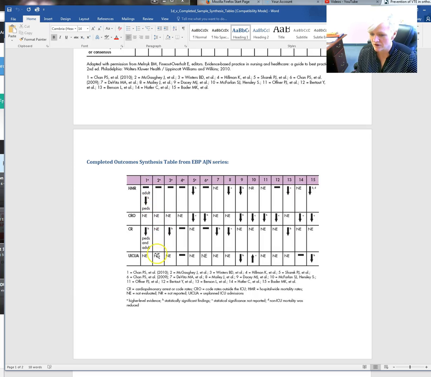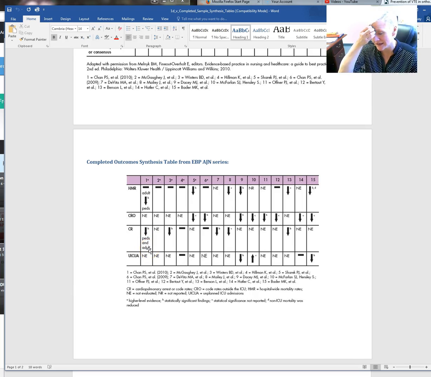So in Article 1, which is this one here, Chan and others in 2010, the adult hospital-wide mortality rate did not change, but the pediatric hospital-wide mortality rate decreased. The code rates outside of the ICU were not evaluated. The code rates within the ICU went down for both pediatrics and adults.